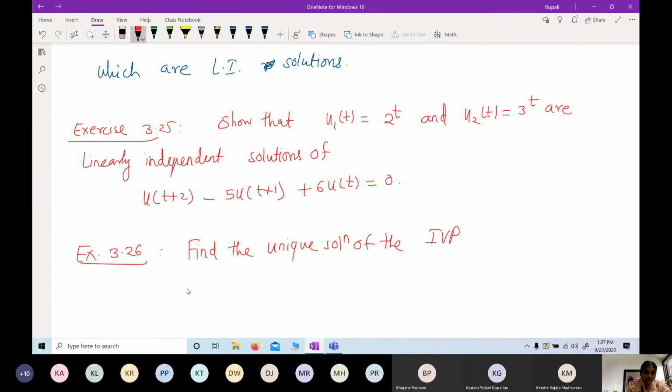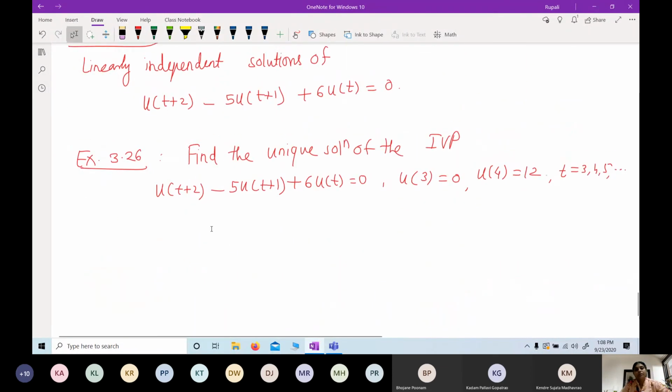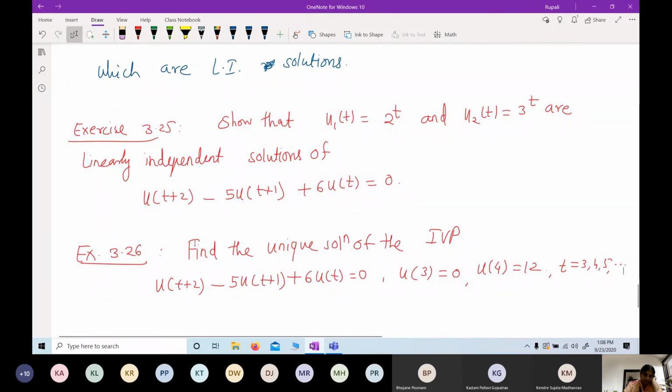Same equation: u(t+2) minus 5 u(t+1) plus 6 u(t) is equal to 0 with initial conditions u(3) is equal to 0 and u(4) is equal to 12, where t is equal to 3, 4, 5 and so on. So can you solve this? Yes, ma'am.